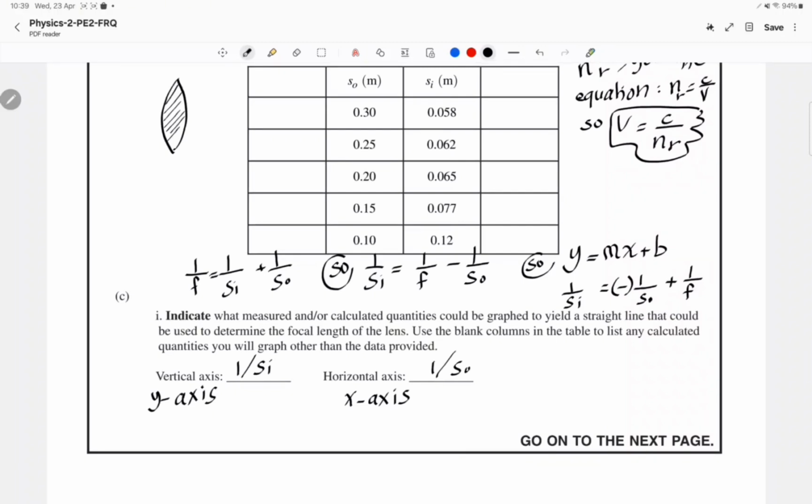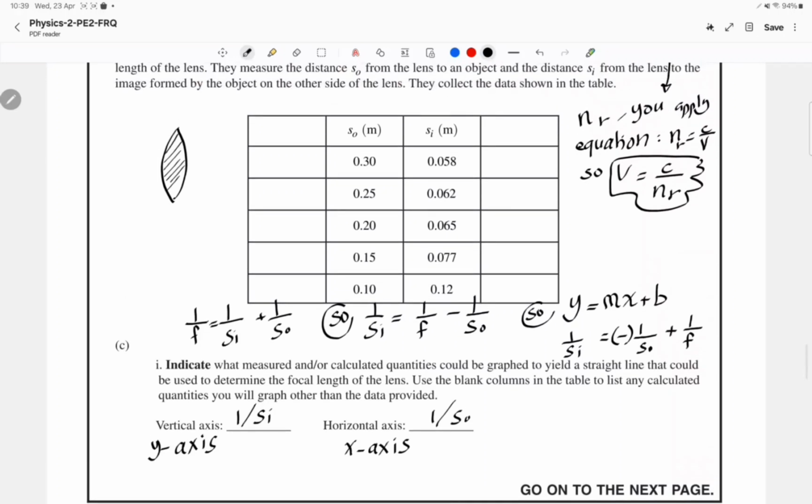Now, use the blank columns in the table to list any calculated quantities you will graph other than data provided. Well, you're supposed to be graphing 1 over s_i and also 1 over s_o, correct? So we're going to have a column for 1 over s_o and a column for 1 over s_i. We're going to have to use the calculator to find these values.